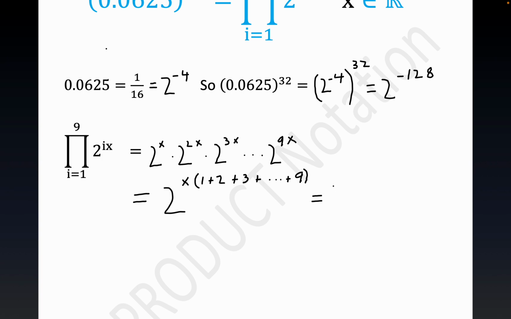Okay, so I'll just write that down. So this would be 2 to the x. Again, folks, the way you resolve the sum of the first 9 natural numbers is to take the last one, multiply it by 10, and then divide by 2. But that would give us 45x.